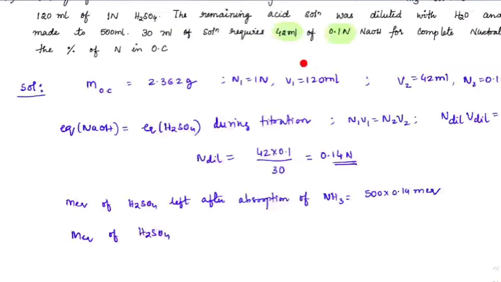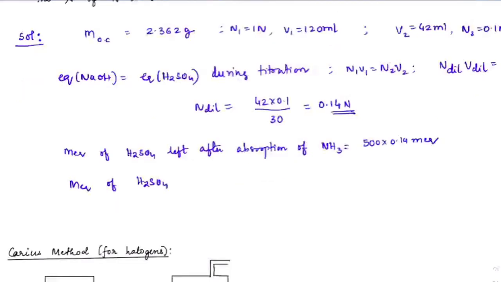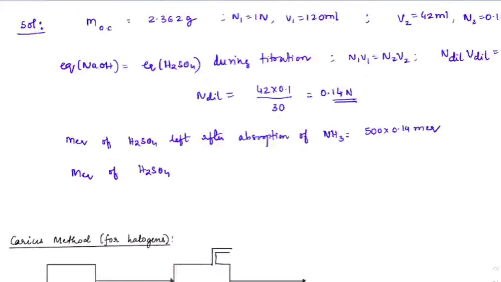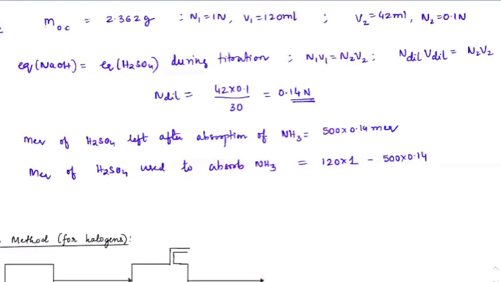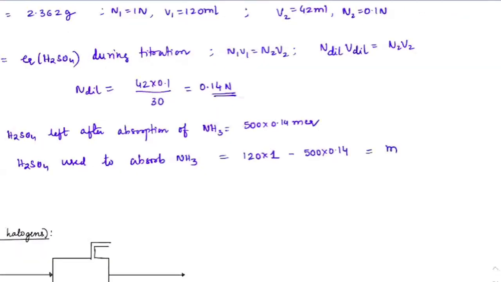If you subtract this, we get the milli equivalents used for ammonia. So milli equivalents of H2SO4 used to absorb NH3 will be equal to 120 into 1 normal, N1 V1, minus 500 multiplied by 0.14, which was remaining H2SO4, and that equals milli equivalents of NH3.